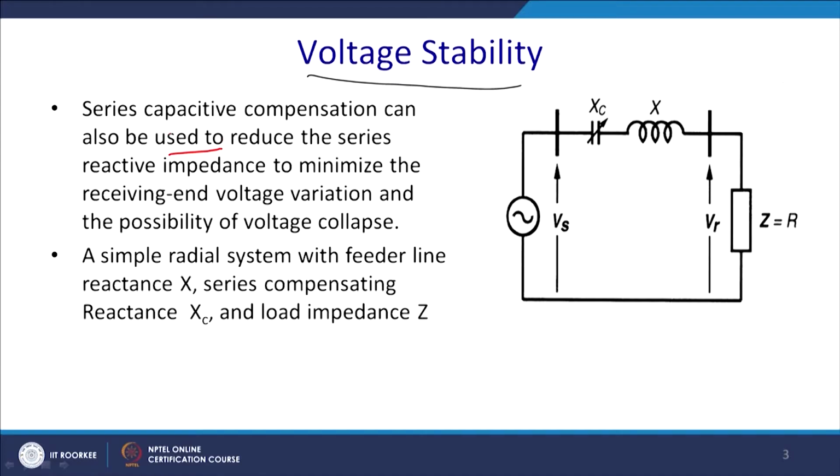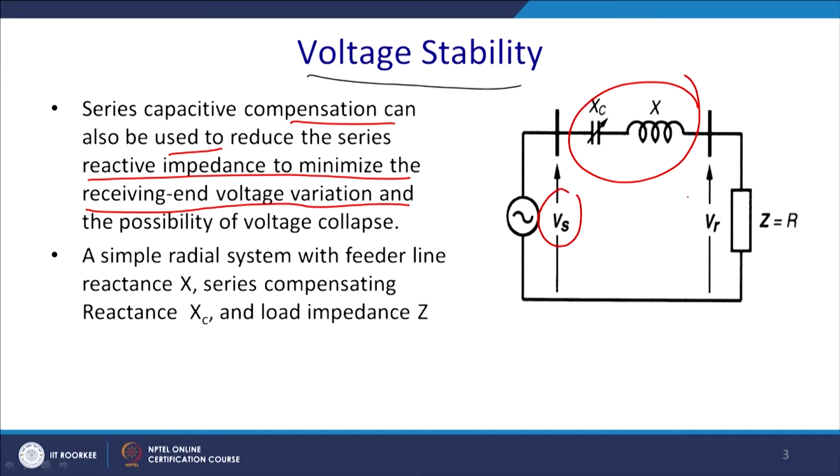So, let us consider that you have a variable impedance inserted, and what about the voltage stability? Series capacitive compensation can be used to reduce the series reactive impedance to minimize the receiving end and the sending end variation. Since this impedance value is decreased, Vs becomes close to Vr.